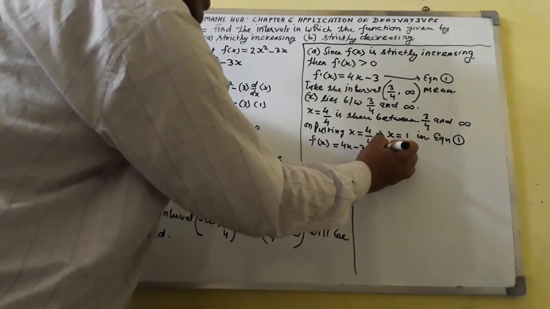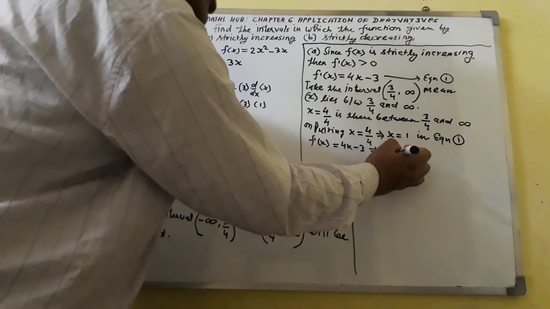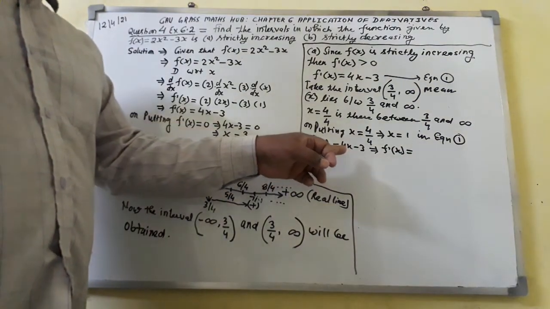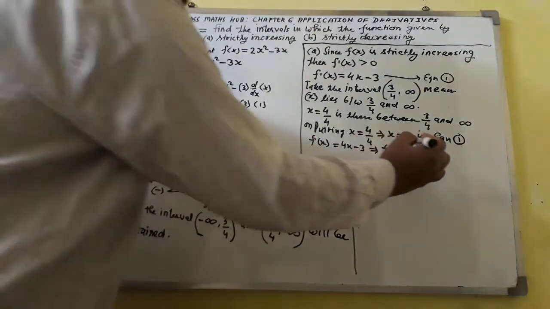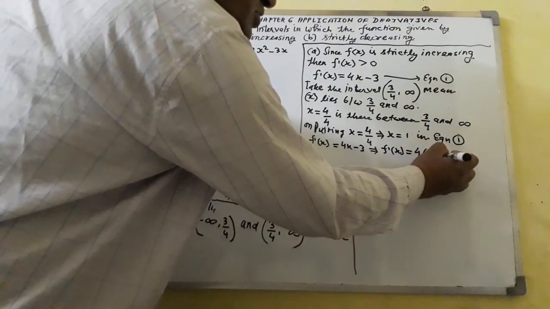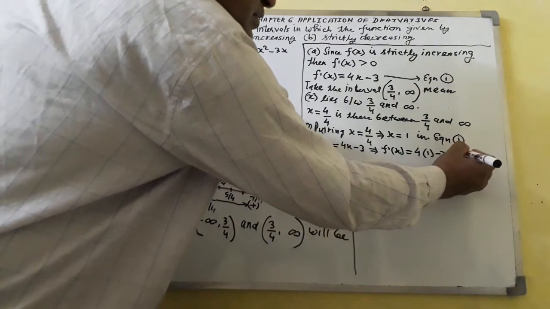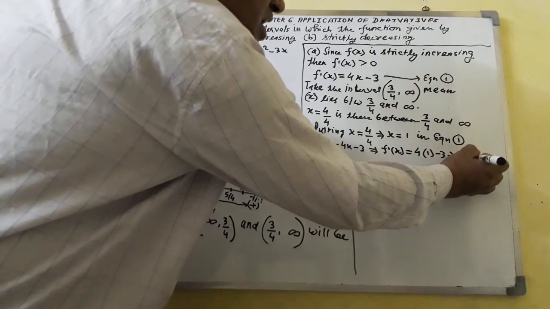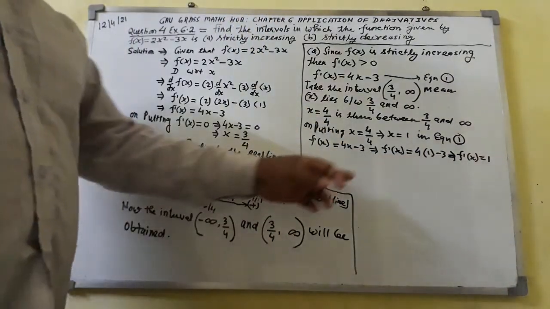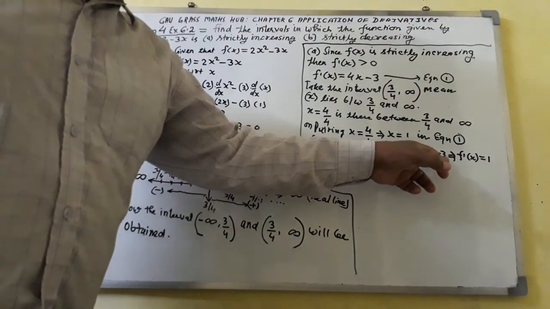Here in place of x I shall put 1. So we have 4 multiplied by 1 minus 3, which comes out to be f dash of x equal to 1, because 4 minus 3 comes out to be 1.